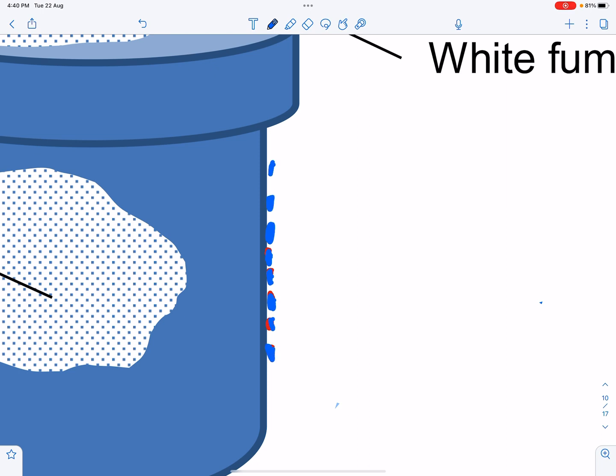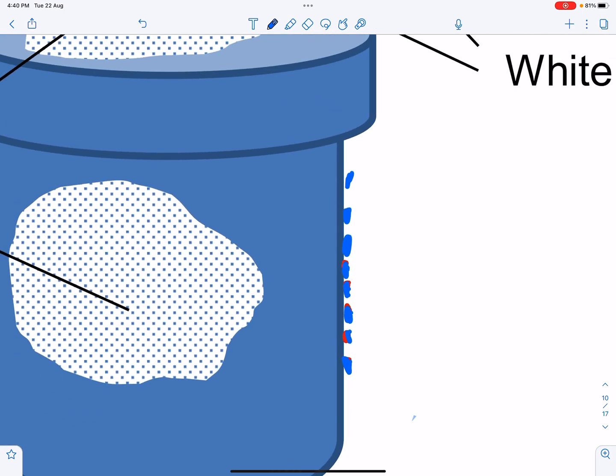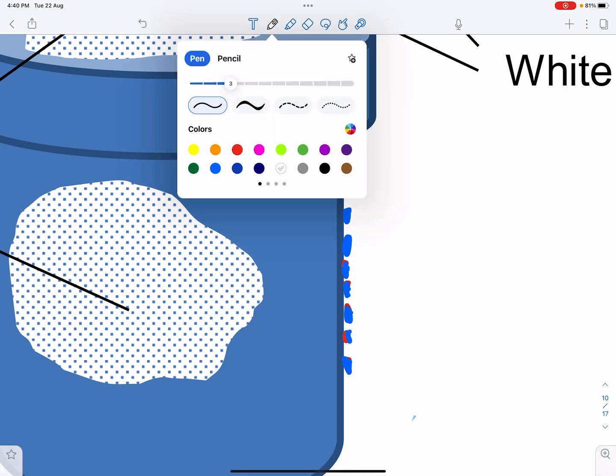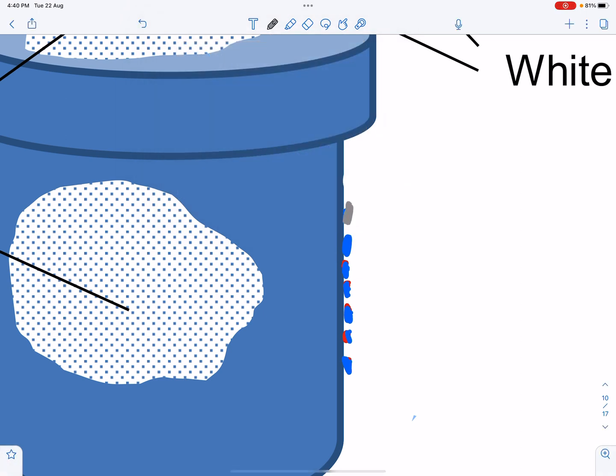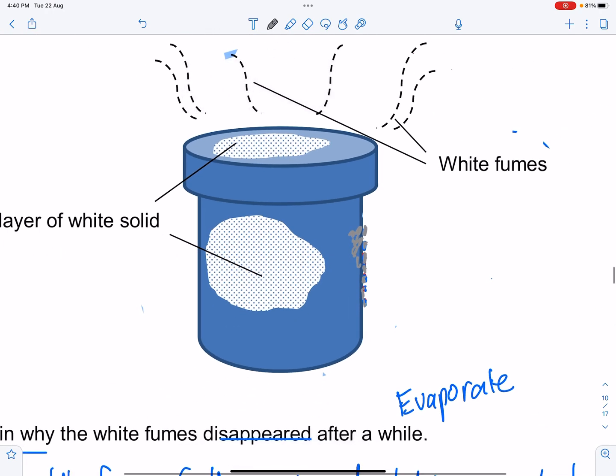These tiny water droplets would then continue to lose even more heat, and this would cause them to freeze and then become, I'm going to use gray color to represent the solid ice that we see on the surface of our ice cream.